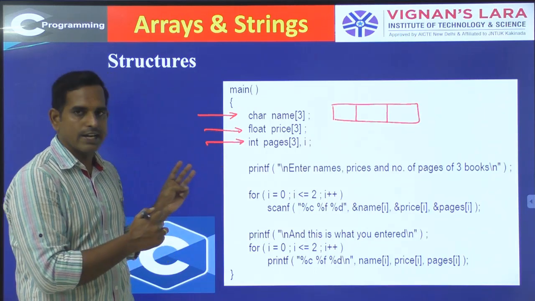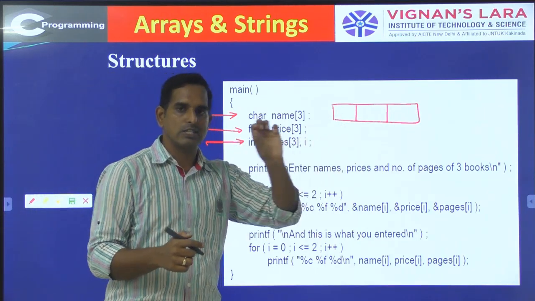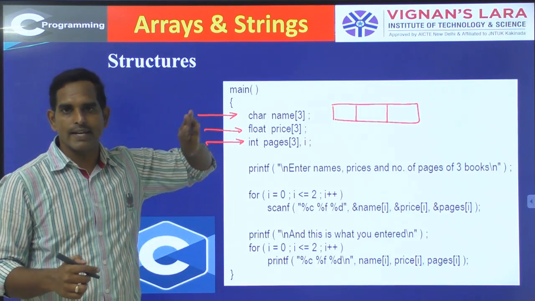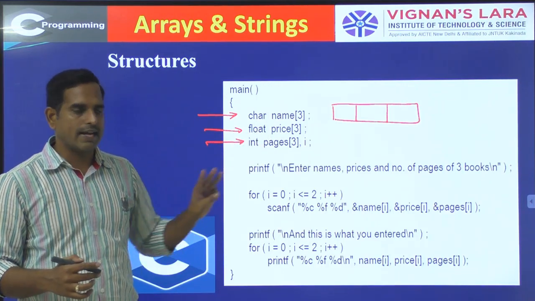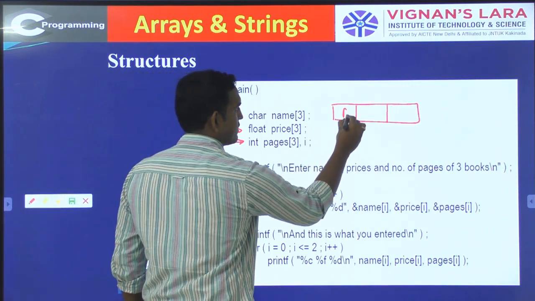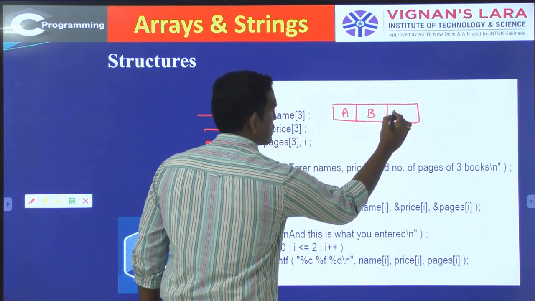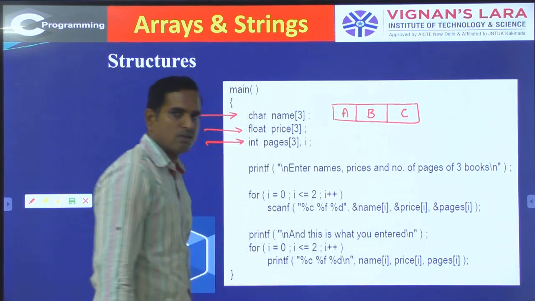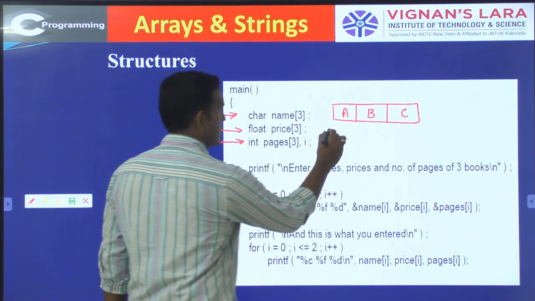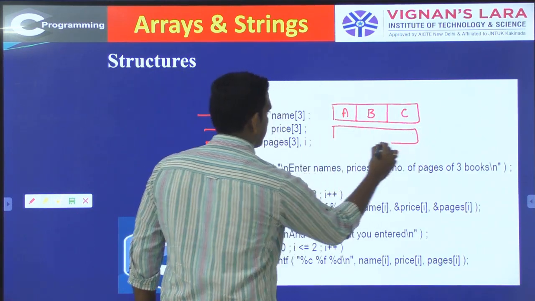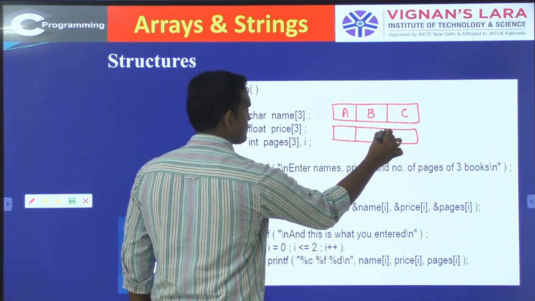You have to store 3 names, and you cannot store them in 3 character spaces, so I have to take an array of strings. But for the time being, I am just taking 3 characters. So the name of your first book will be A, the second book will be B, and the third book will be C. That is what I am taking here. Let's take one float price.